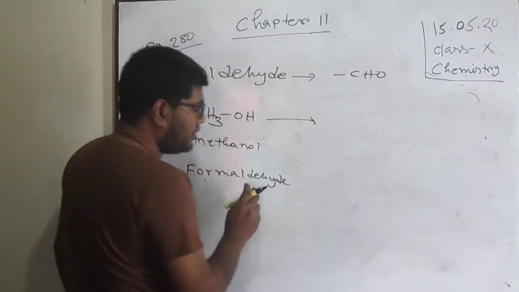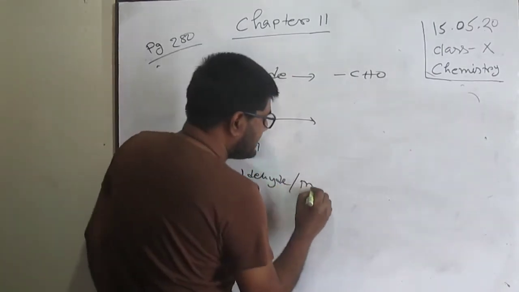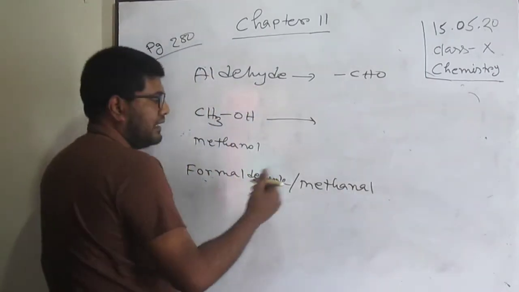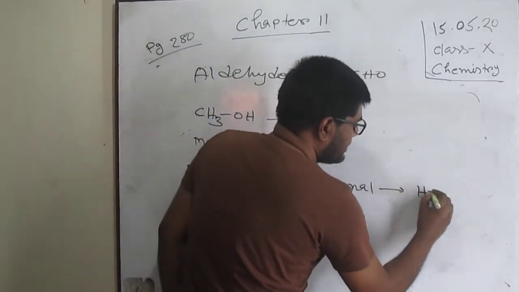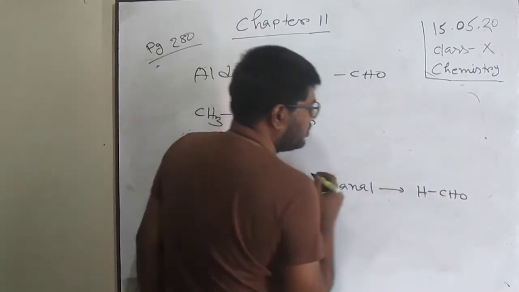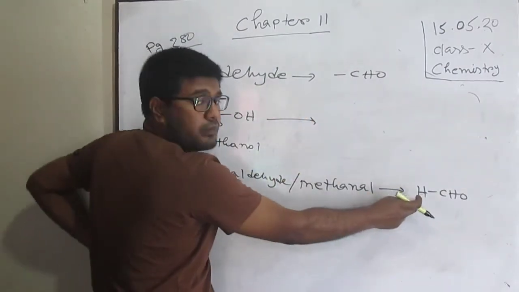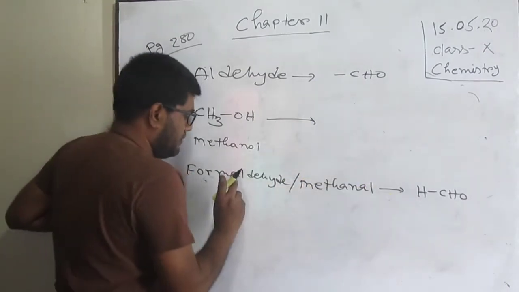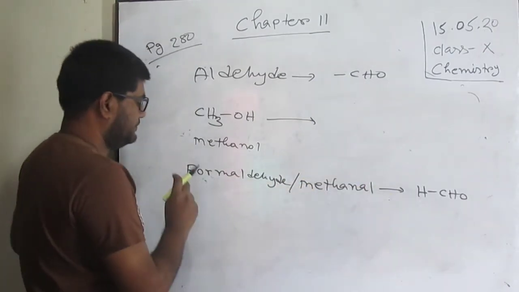Another name of this formaldehyde is methanaldehyde or methanal. That is HCHO. Only one atom of hydrogen is added with this functional group. This is called formaldehyde or methanal.